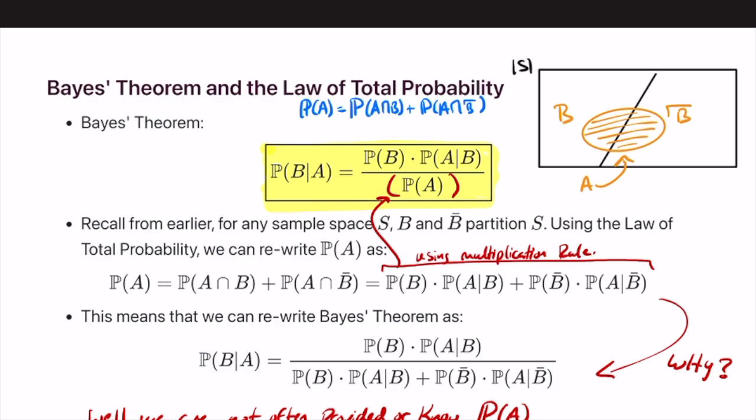By using the ideas of partitions and the multiplication rule to get into conditional probabilities, we can take the probability of A and recast it as this expression here.